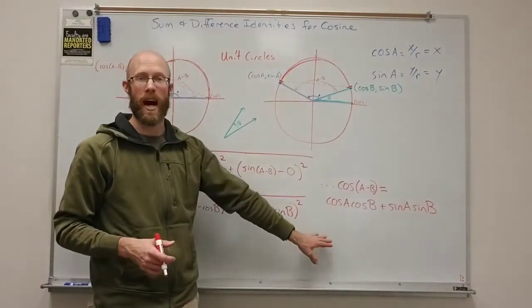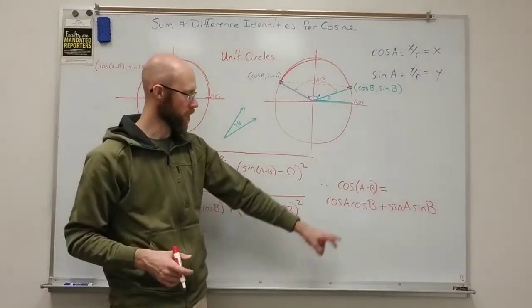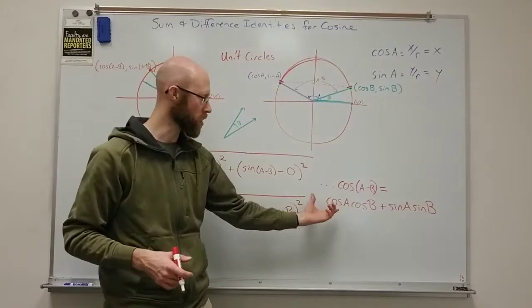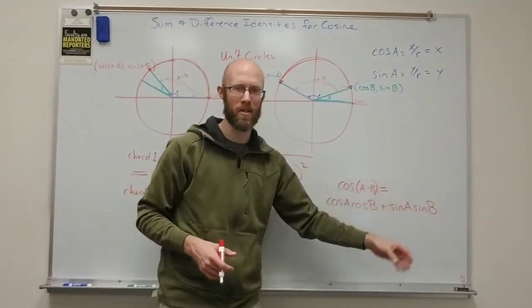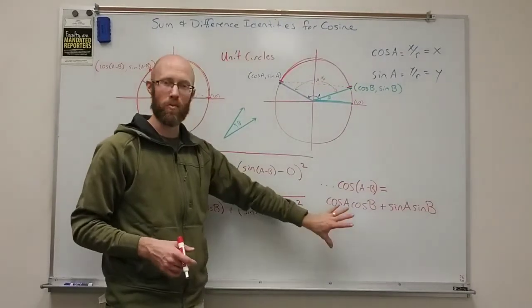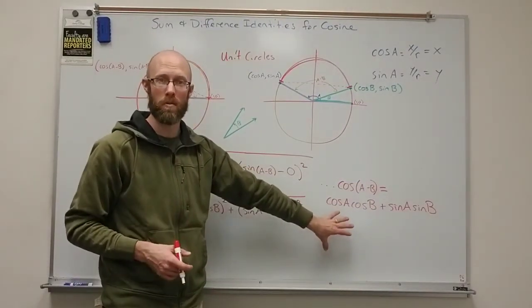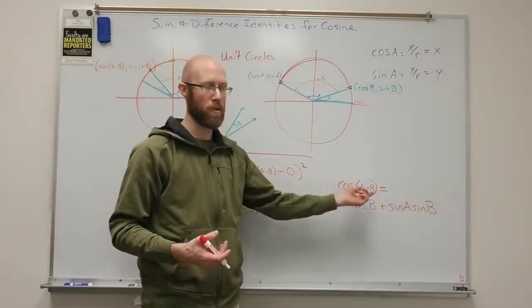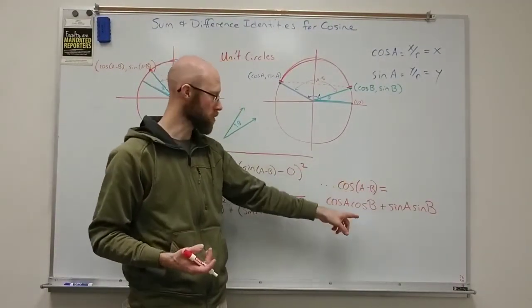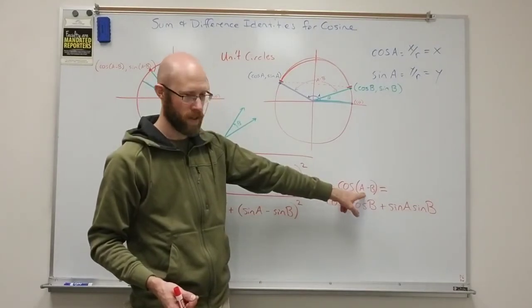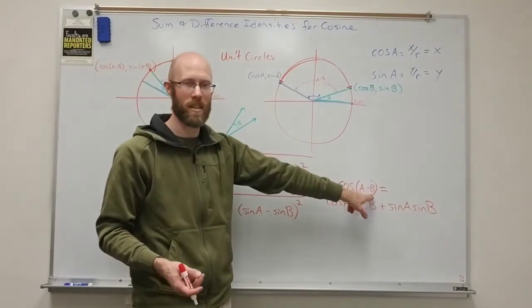It's not an obvious formula, right? You have a minus inside, you have a plus on the outside, you have a combination of sines and cosines of a's and b's, products and sum in it. So it's not a real intuitive formula, but it is true. And you can check this by plugging in some numbers that we know. We could do like 90 and 60 or something like that.